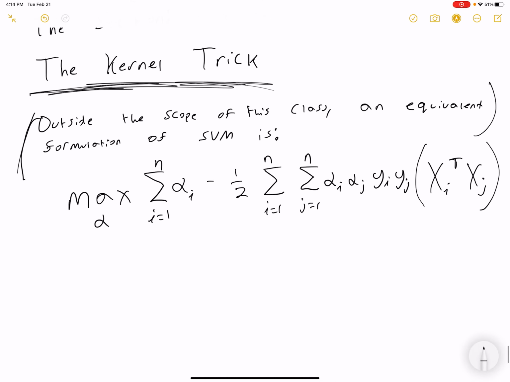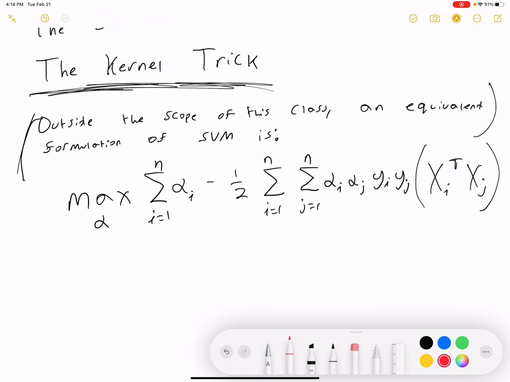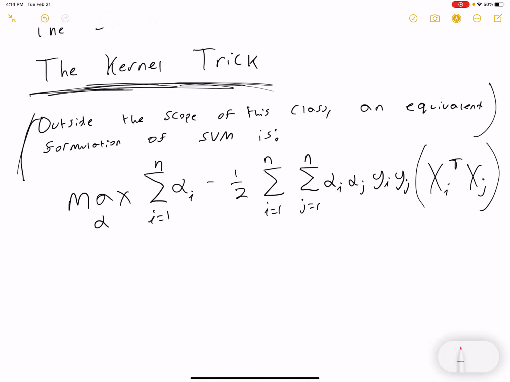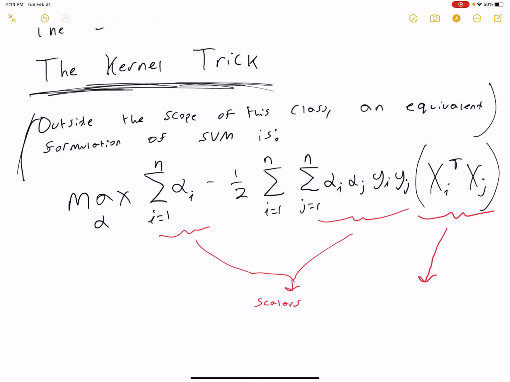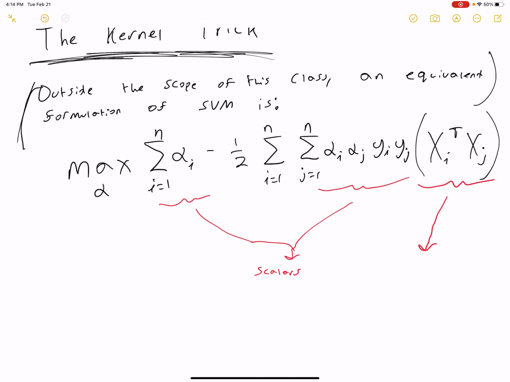And the key observation, which we'll continue on next class, is that everything here, all these terms are scalars, so they're not computationally challenging. The computationally challenging part are these X matrices or vectors that represent our data. That's the computationally expensive part.